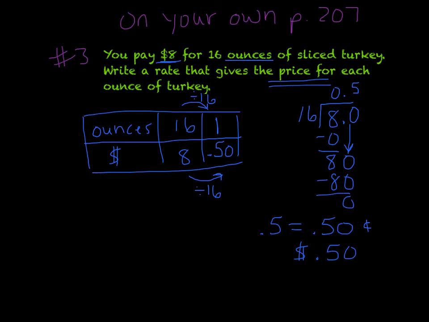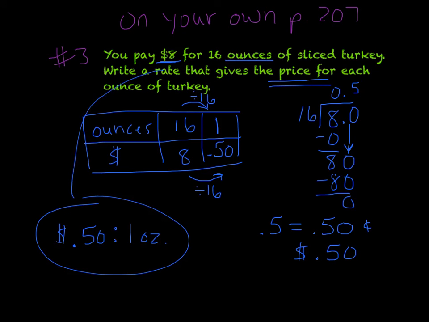So my answer would be, write a rate that gives the price for each ounce of turkey. It would be 0.50, so 50 cents per 1 ounce. And you can put O-U-N-C-E too if you want instead of putting the O-Z. And this would be your final answer because I wrote it as a rate.